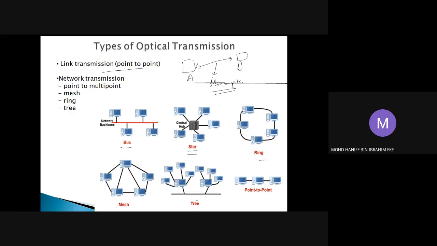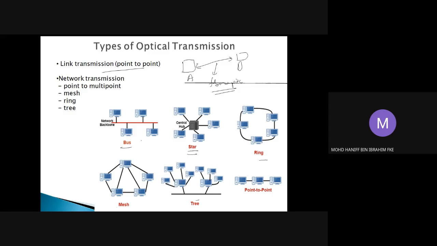So it's very important for us to have a proper design of the optical transmission system, such that the power transmitted will be safely received. In other words, the amount of power received at the receiver is enough.